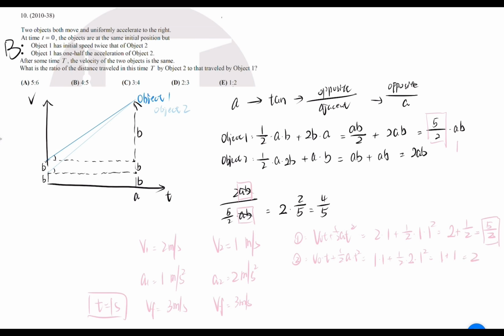And find the ratio: 2 over 5/2 is 4 over 5. And magically, they are the same. So to sum up, method 2 is a much simpler way of thinking if you can think of this method.